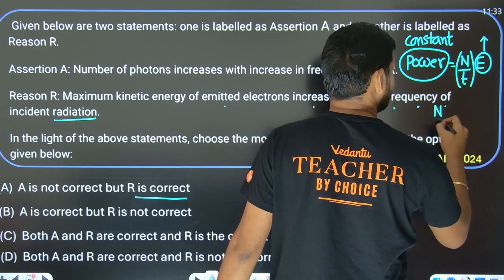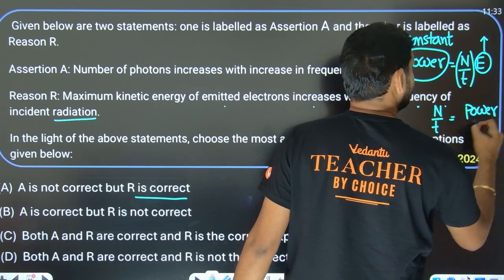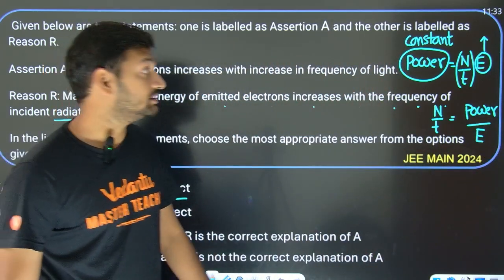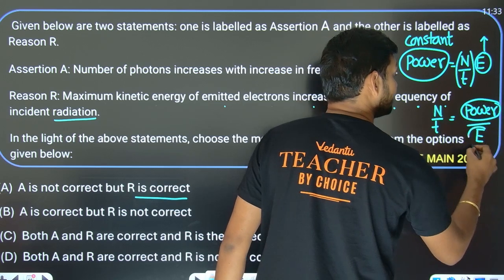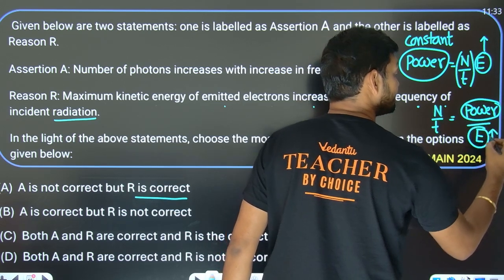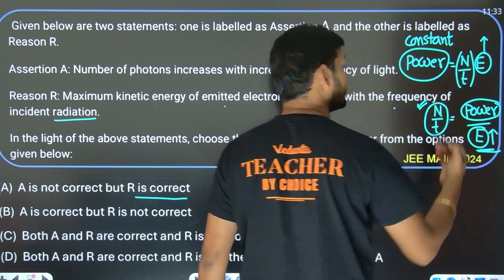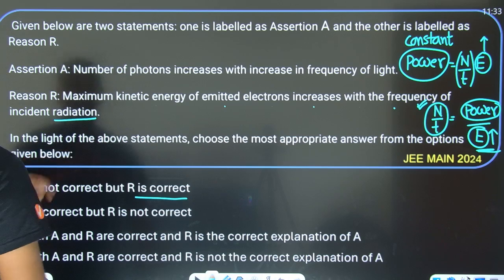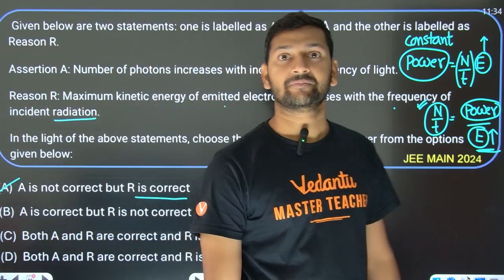So N by T is going to be power divided by E. You have maintained the same power, but you increase the frequency. As a result, energy will increase. That means the denominator is increasing, so the number of photons coming out per unit time will decrease. So I will claim that A is not correct.